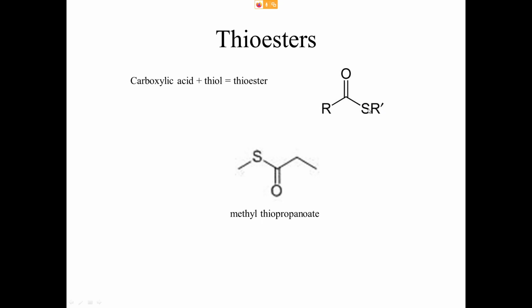Where did this sulfur come from? Which of the two original components had this atom? Was it the carboxylic acid or was it the alcohol? The alcohol? The alcohol, right. So remember, when we had a carboxylic acid, we lose its OH and it's gone.